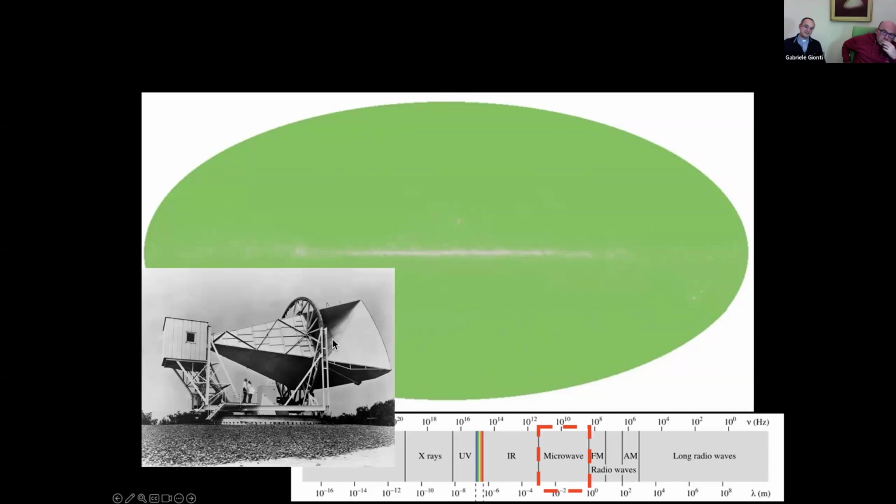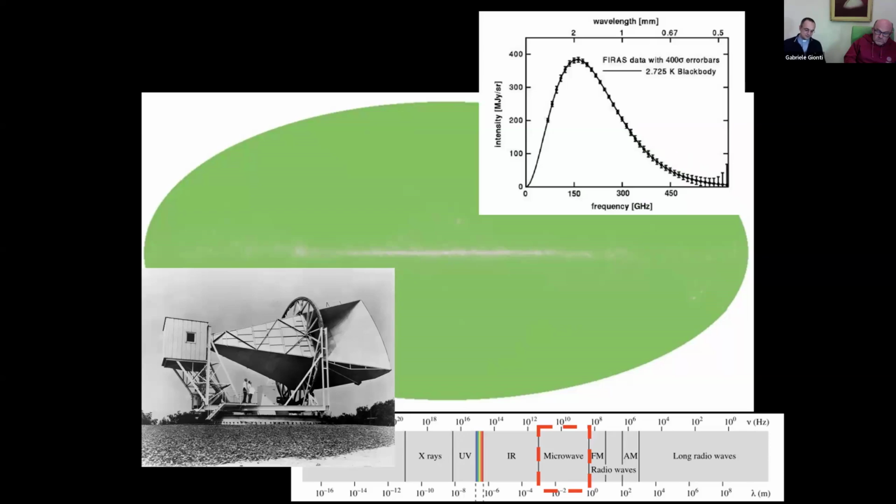They were pointing this very particular horn antenna for microwaves. Later, in Princeton, Dicke and other physicists were able to identify this radiation as something coming from the Big Bang.